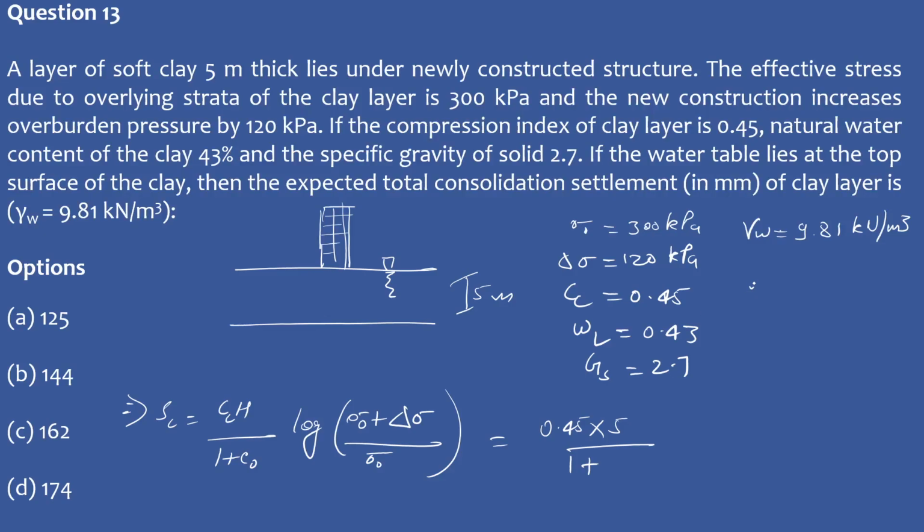So calculating of the e is wG by S. You can directly use w which is given to you, which is 0.43, G is 2.7, and the degree of saturation which is given to you is 1. So if I calculate e, it's here none other than 1.161.